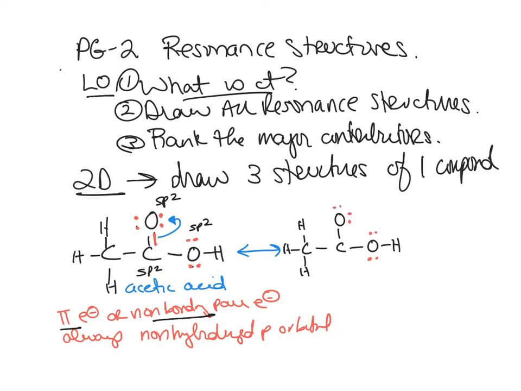This pi bond has now moved to a non-bonding pair. And if you do your formal charges, you'll see that oxygen gets a negative and carbon gets a positive. So this is a neutral molecule that we started with, and then this is neutral because minus plus equals 0.